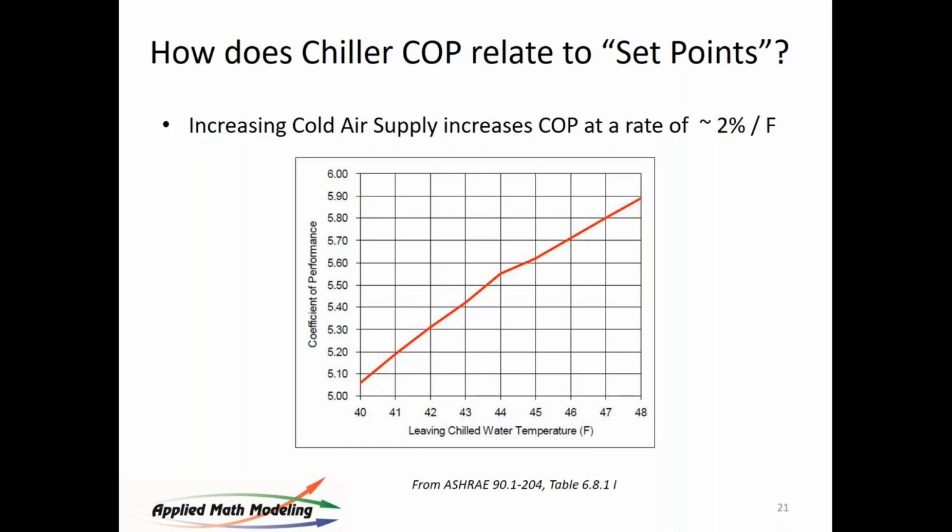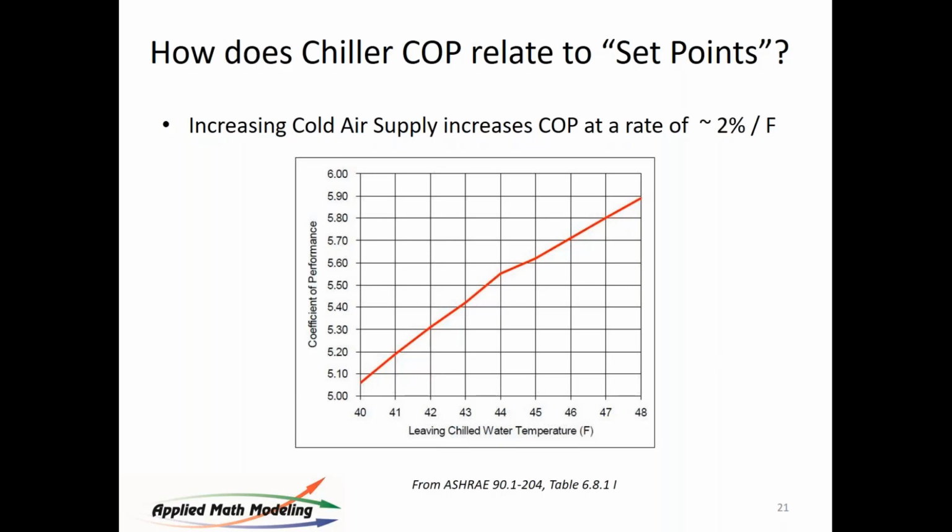Again, it's not a flat curve and it has to be within a certain range. But we have to use some engineering judgment here to figure out which way to go in terms of design. So we're going to assume here about 2% per degree F. And this is, again, backed fairly well by documentation in ASHRAE. So we're going to try to drive it up.